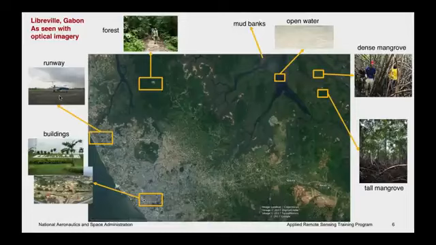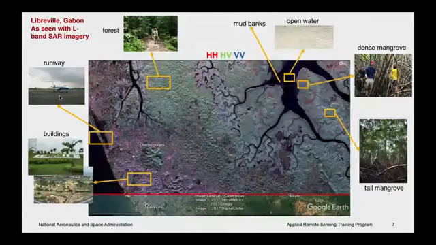So the question here is, how can we use SAR to complement optical data and resolve some land cover types that cannot be mapped with reflectance data alone? So here's the same location imaged by the UAV SAR instrument in Libreville. We flew this area in March of 2016. So as you can see, you can resolve a lot of different land cover types.